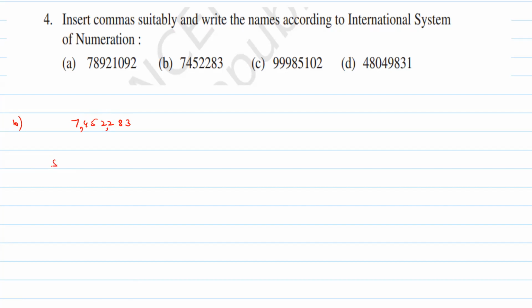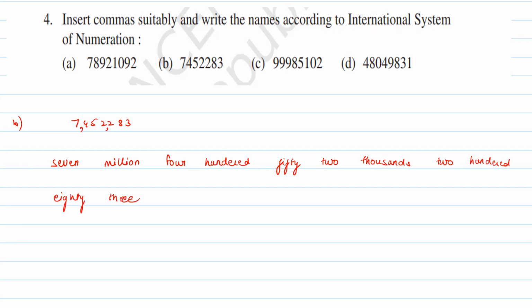So we do not have anything in million, so we will only write 7,452,283. This is the answer.